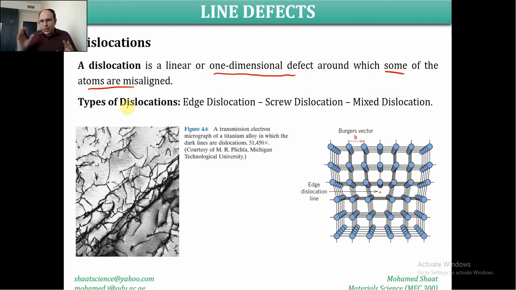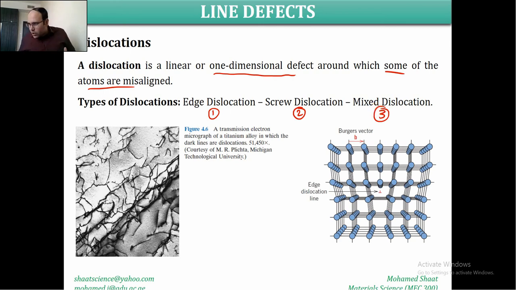As we discussed, the objective in this chapter 4 is highlighting any change over the regular crystal structure that we covered in chapter 3. Any change over this regular structure will be counted as a defect. One of them is the dislocation.